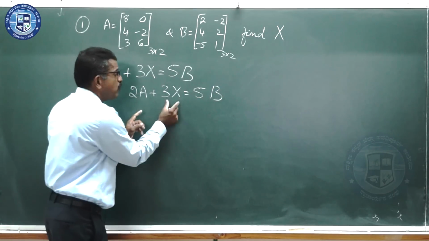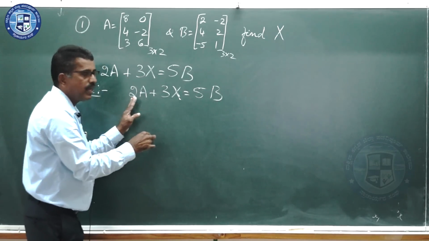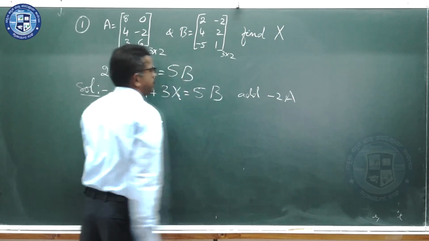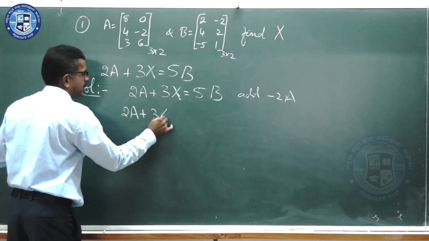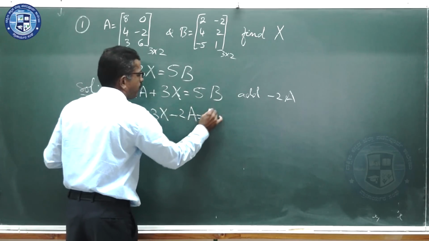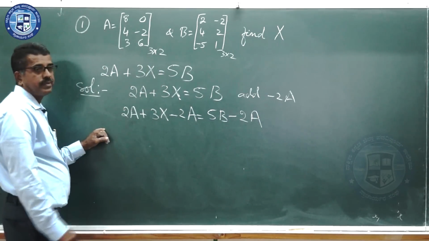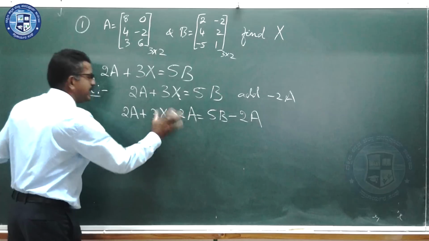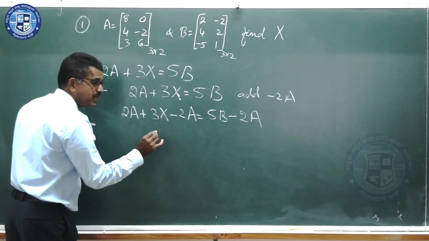This is the equation given. Now in order to get the value for X, you need to eliminate 2A. In order to eliminate 2A, you add minus 2A on both sides. What do you get? 2A plus 3X minus 2A will be equal to 5B minus 2A. You know that matrix addition is commutative, so you can interchange and cancel. 2A minus 2A becomes 0, the null matrix.